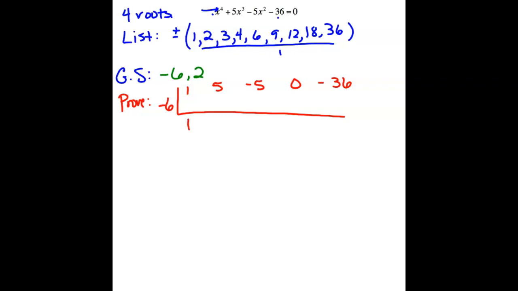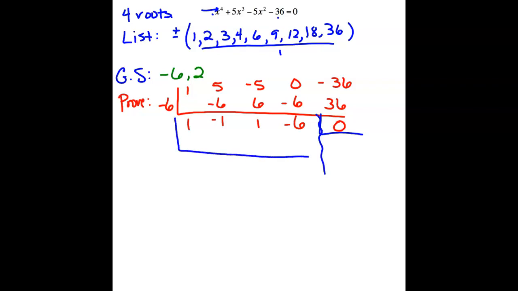We start with bringing down our 1 and multiplying these, negative 6 times 1, adding, negative 6 times negative 1 would be 6, adding, negative 6 times 1, adding, and again, negative 6 times negative 6 is 36, which is the 0 we were looking for. So drop that off, and we're going to continue from here with the remaining coefficients of my new polynomial.